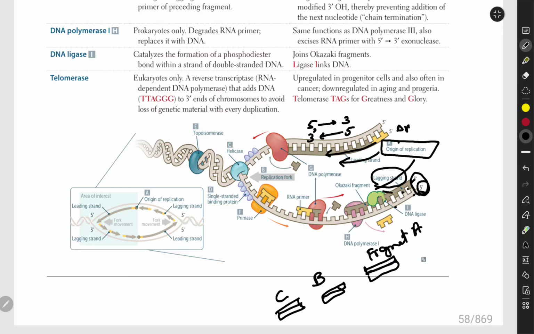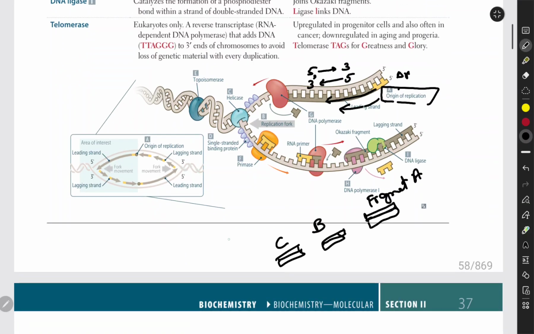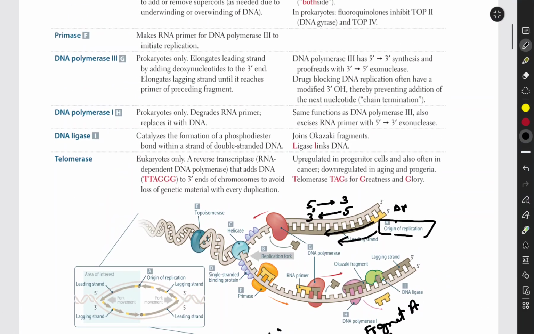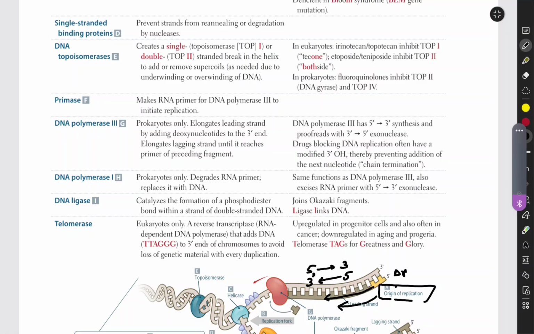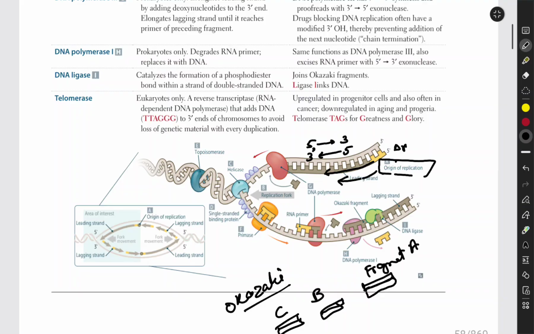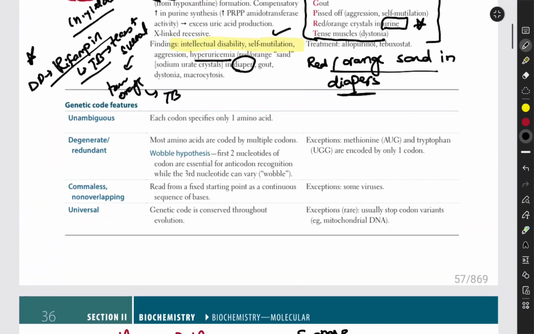It cannot be done in this direction, but rather has to be done in this direction. So it is done in fragments rather than continuously. These fragments are known as Okazaki fragments. These Okazaki fragments are formed and then later joined together, and this way another continuous strand is synthesized.